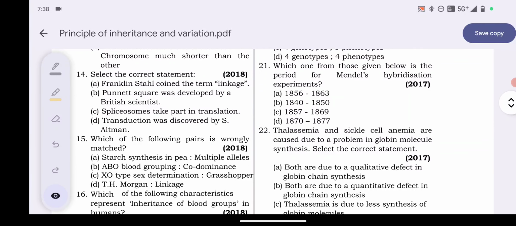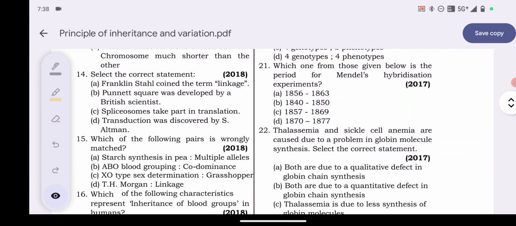Option D, his observations were based on natural open pollination. You have to tell the wrong one, so option A is wrong, because his experiments had very large sampling size, which gave greater credibility to the data he collected. So option A is the answer.